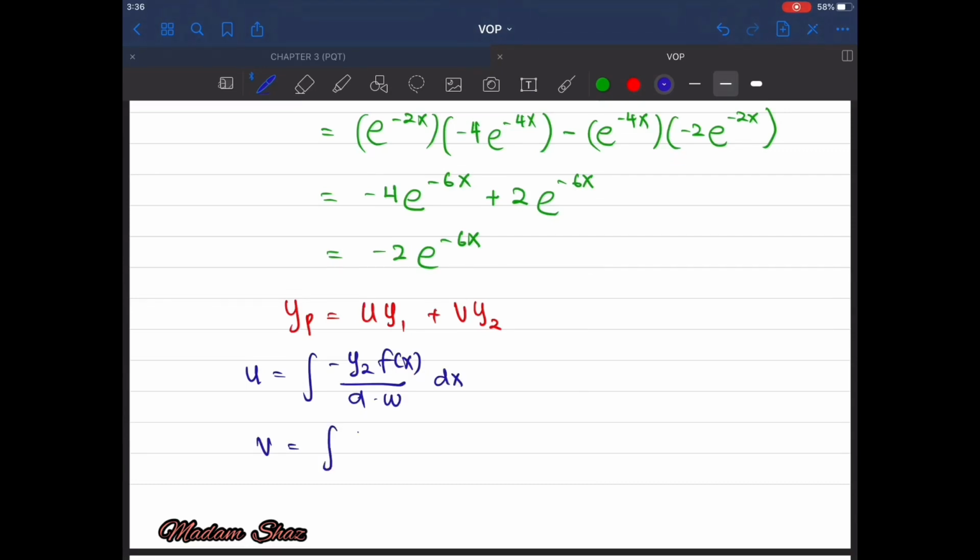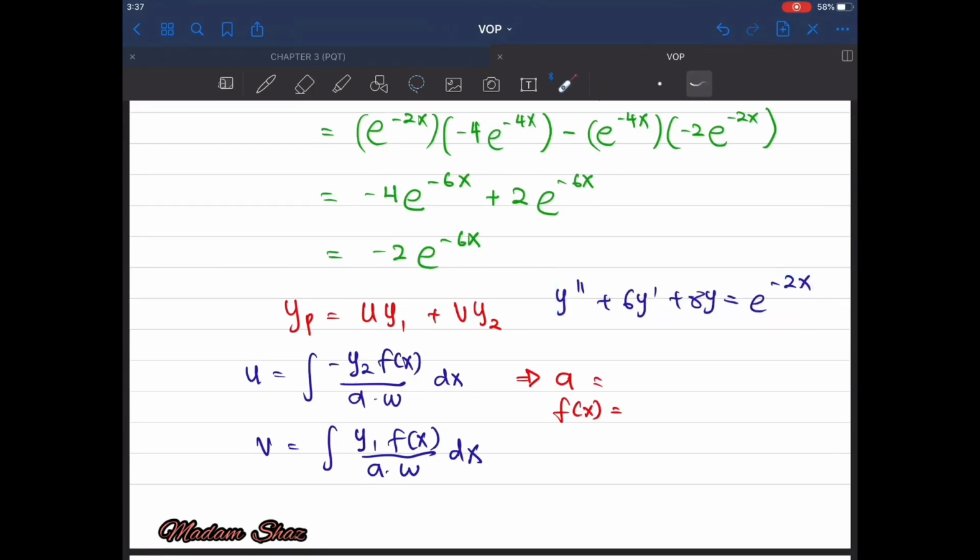V is equal to the integral of y1 fx over a w dx. From this formula, you already know your y1, y2 and w. You still have to determine what is the fx and what is the a. A is anything beside the y double prime and fx is anything on your right hand side.